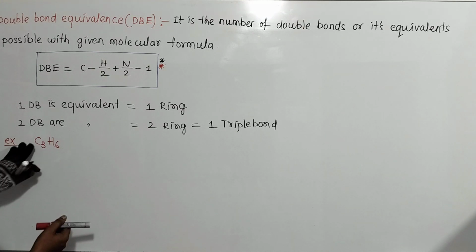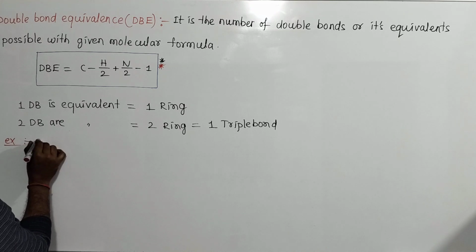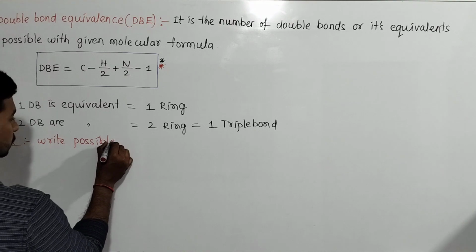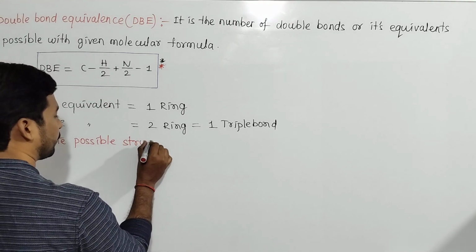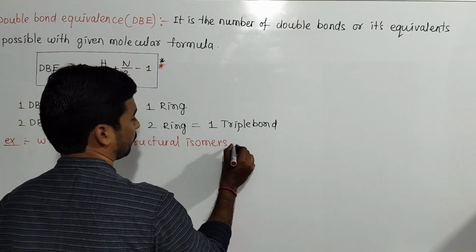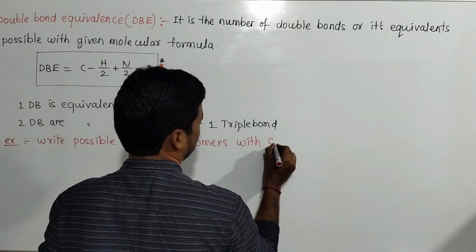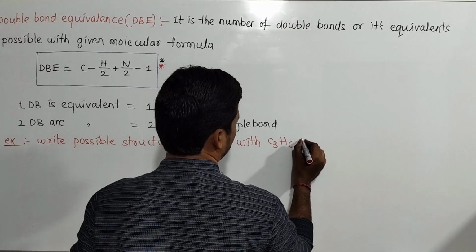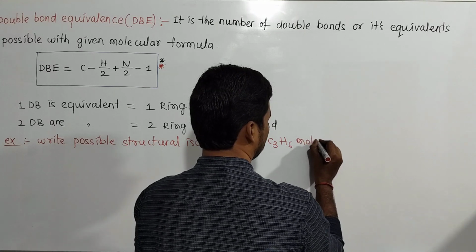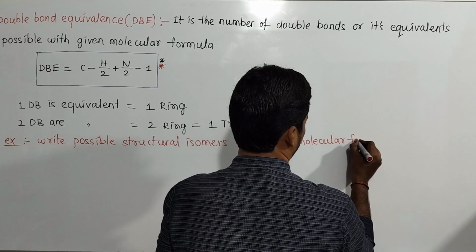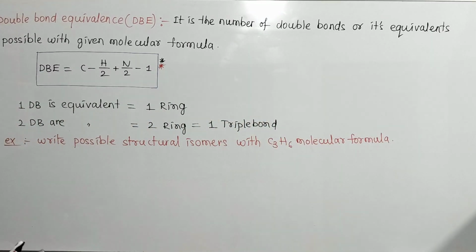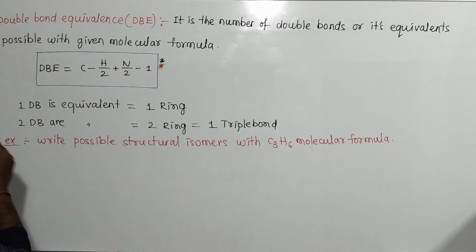Or if the question is like this, write possible structural isomers with the C3H6 molecular formula. Then what we need to do? We need to calculate the number of double bond equivalents.